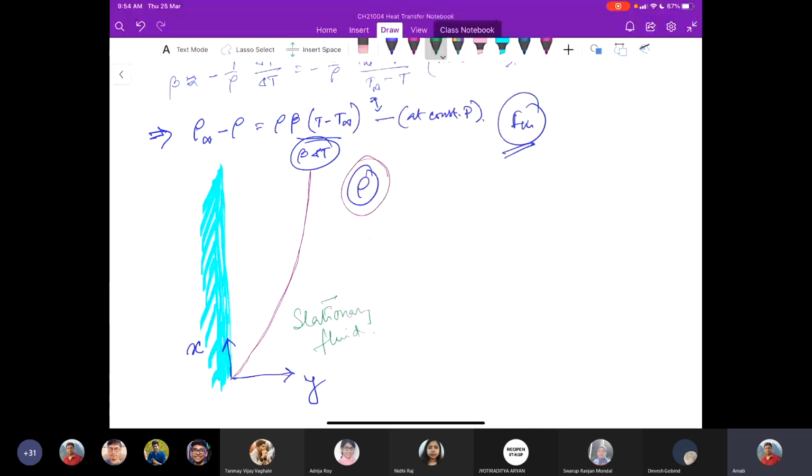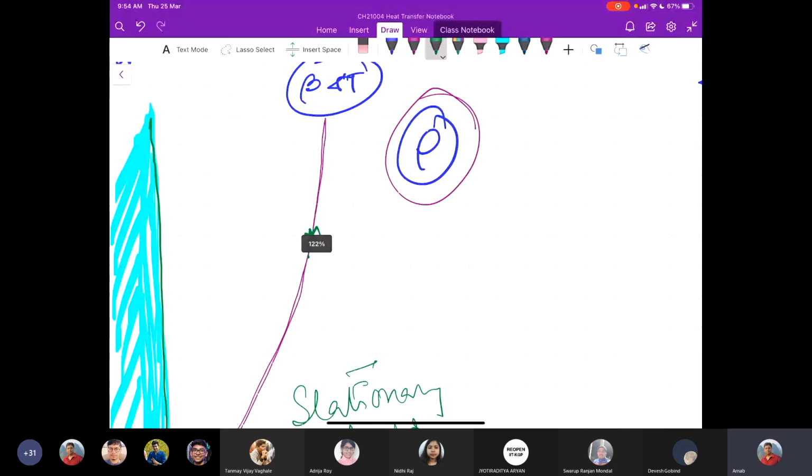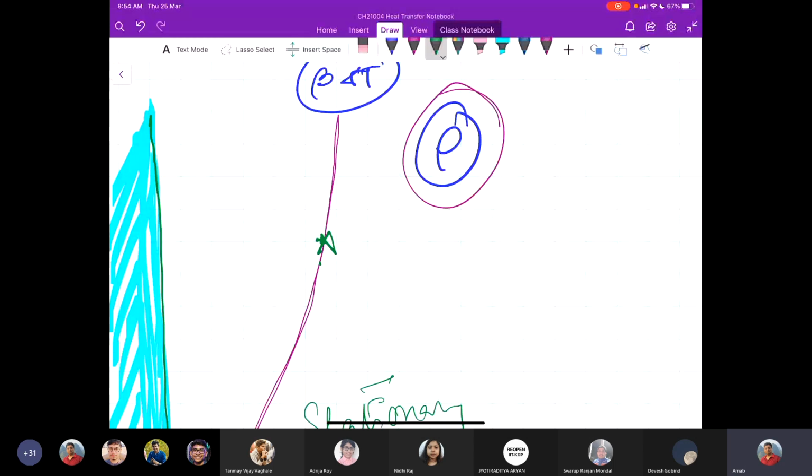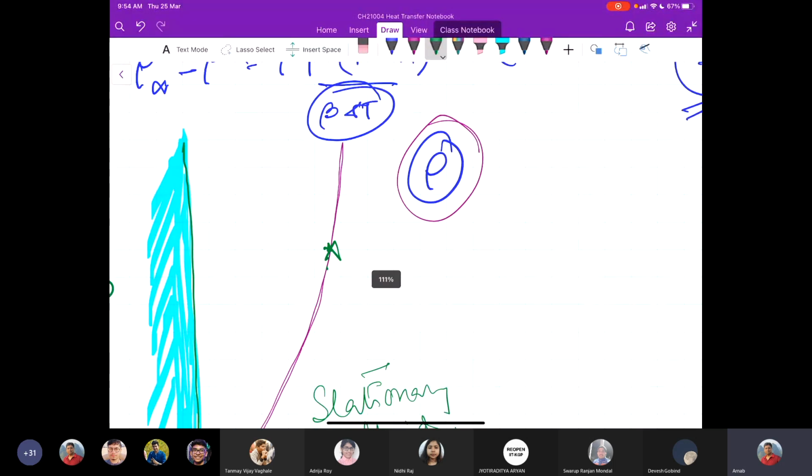So how would the velocity profile be? Our usual consideration is u equals 0 on the surface. Can someone tell me what would be u here, at these positions at the boundary layer edge or just outside the boundary layer?